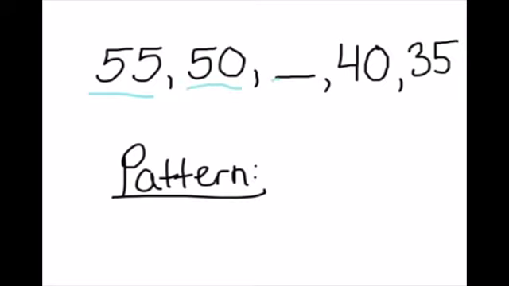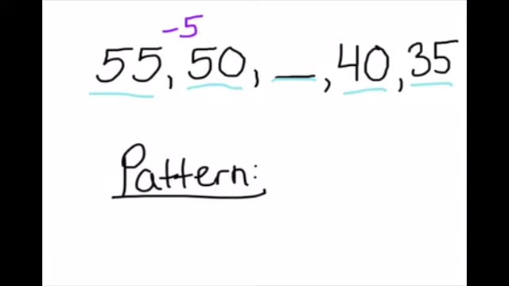Then I have a missing number right here, which I know I need to figure out. And then that number after that will turn to 40, and then 35 is the end of the pattern. So what does it seem like the pattern is following right now? It looks like it's going down, which would be a minus 5, because I'm noticing this is counting down by 5s. Let's make sure that that works.